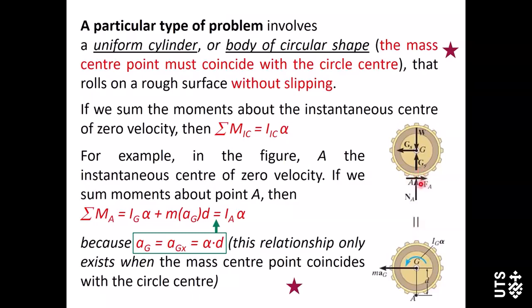If we select this point to calculate the rotational component, we have the summation of the moments about point A equal to Ig alpha plus MAG times D. So that's the kinetic moment.